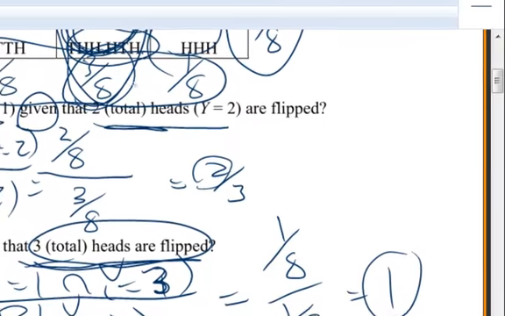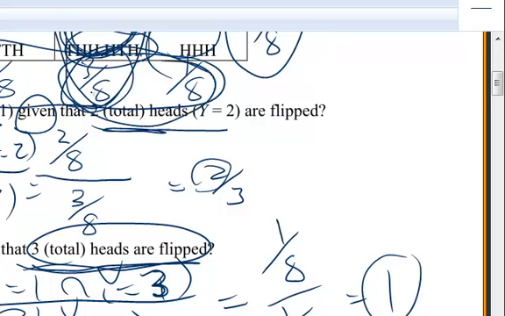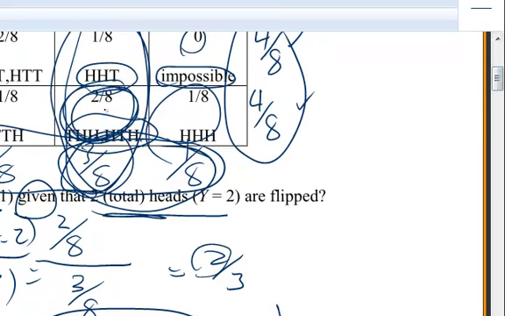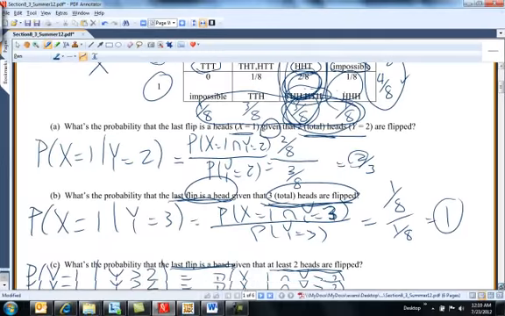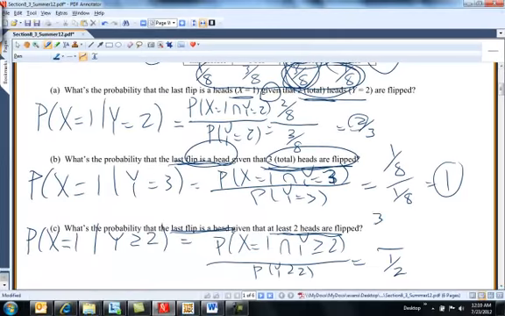So y is greater than or equal to 2 half the time, over the probability x is 1 and y is greater than or equal to 2. So that's these two cases, which is 3/8. So what does this turn out to be? 3/4. Yeah, 3/4.